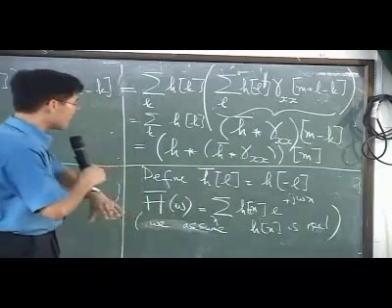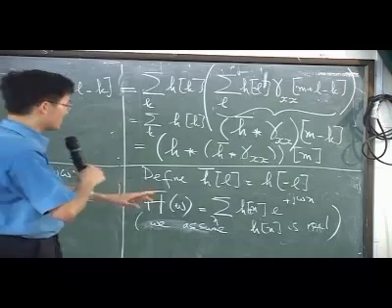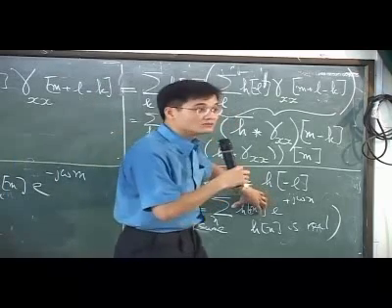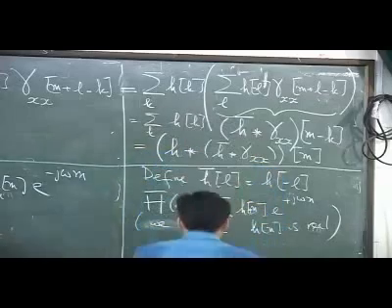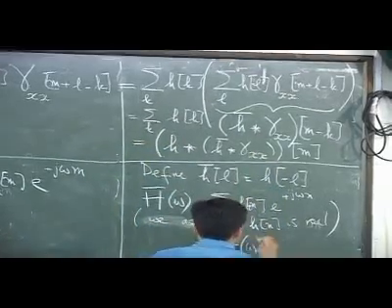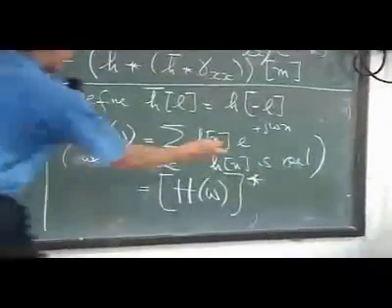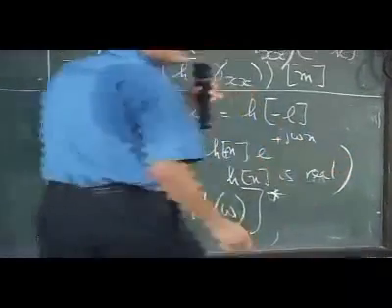If I take the complex conjugate of that number and multiply by all the real values, it doesn't change. So this thing here is going to be equal to h of omega, but now I take the complex conjugate, because h of omega is the complex conjugate of e to j omega n. Everybody see that?